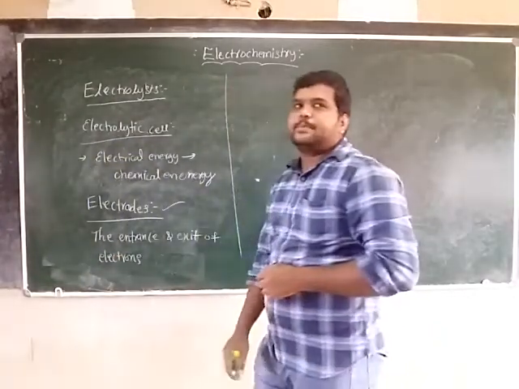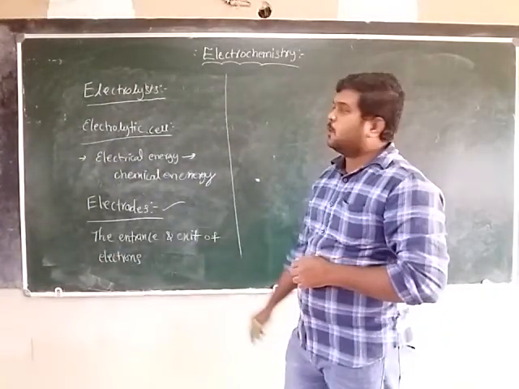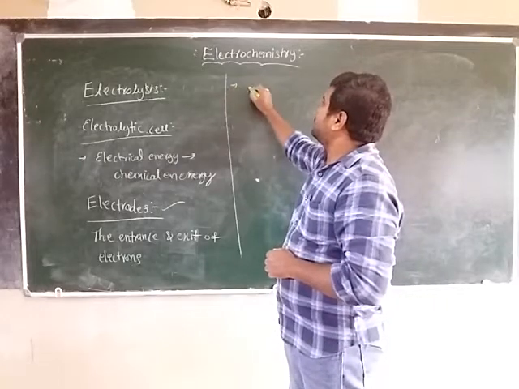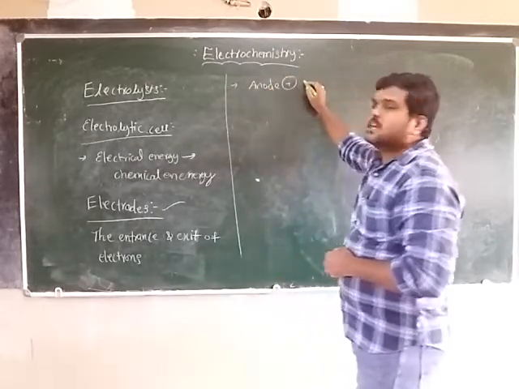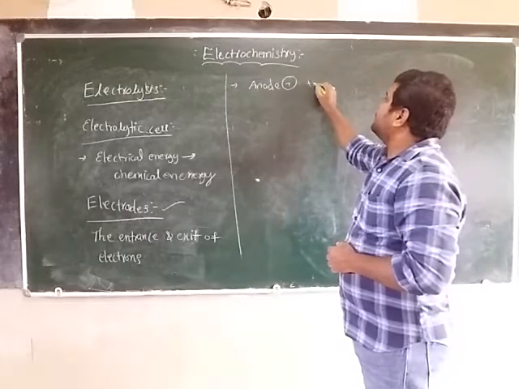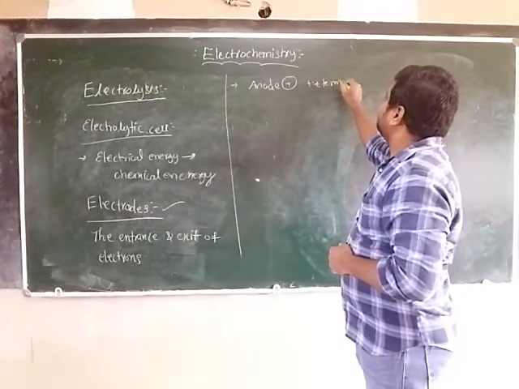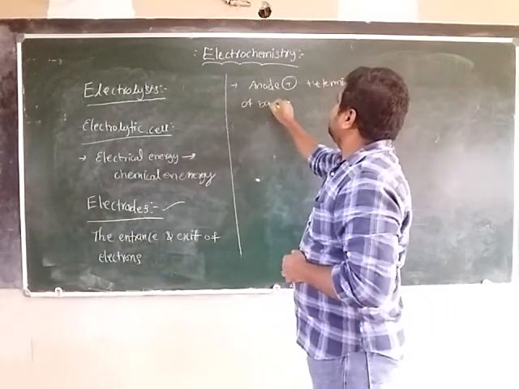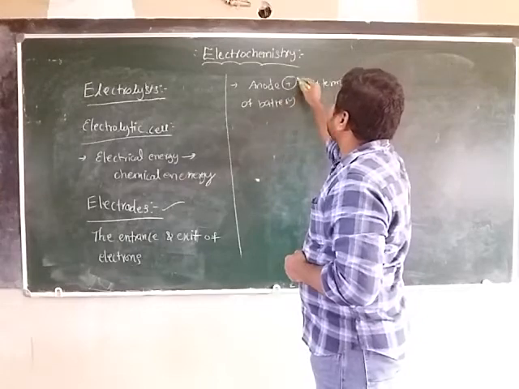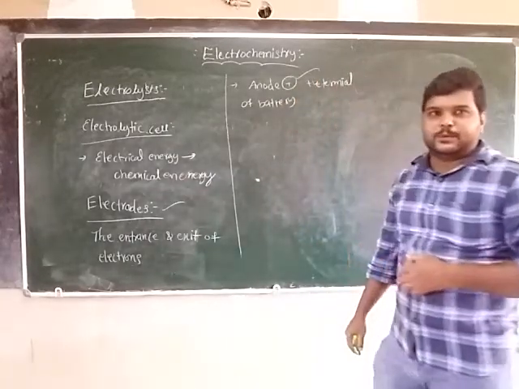There are two types of electrodes. One is the anode. This is positive, because it is connected to the positive terminal of the battery.